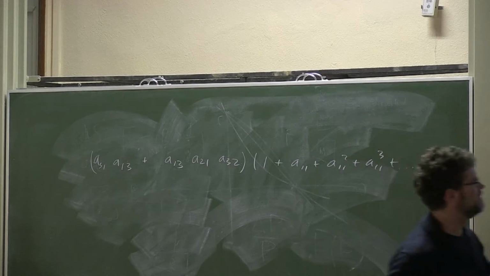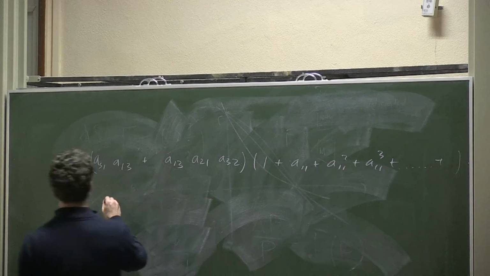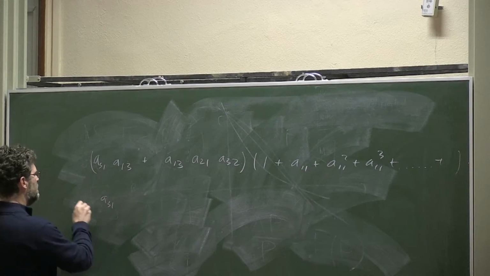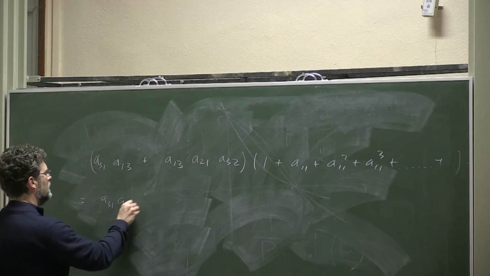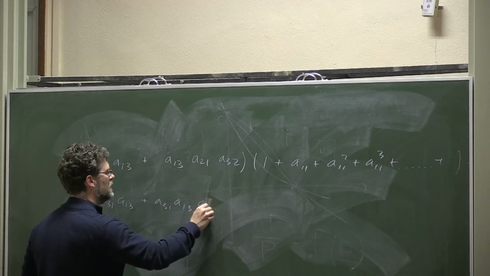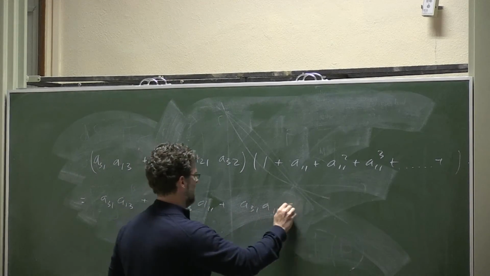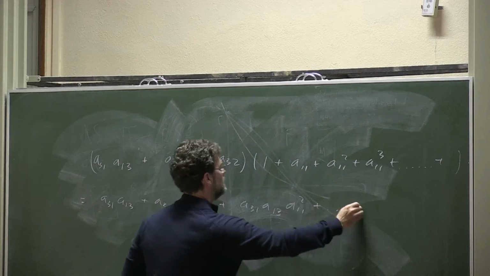Suppose we're interested in just this component here, A31. This is equal to A31 A13, plus A31 A13 A11, plus A31 A13 A11 squared, okay?